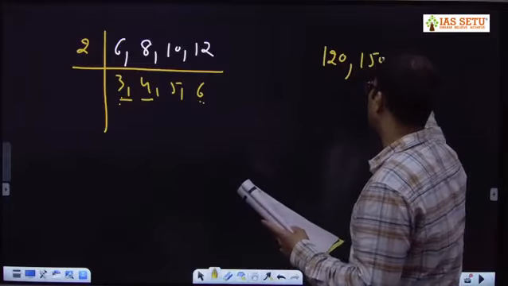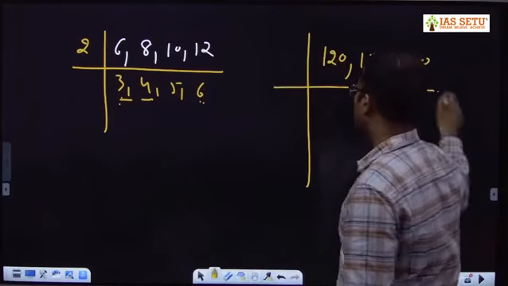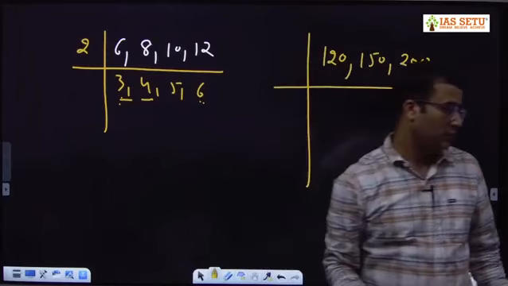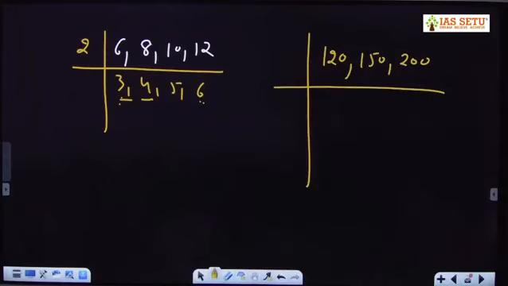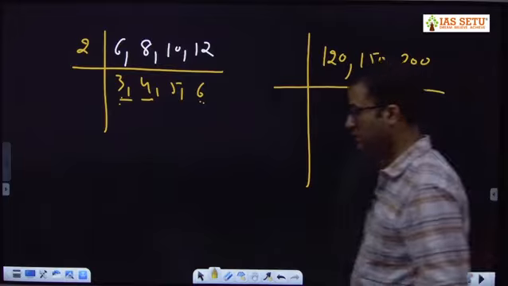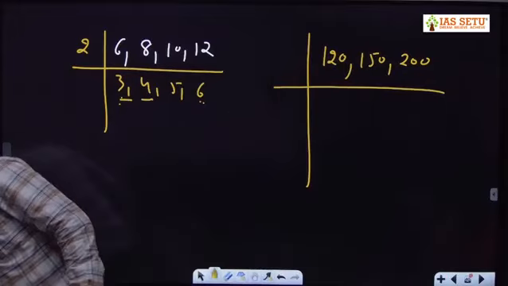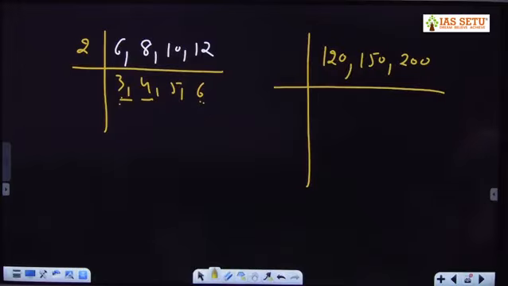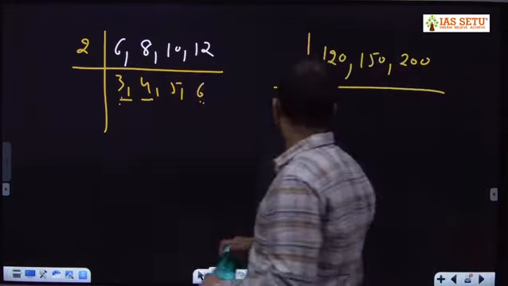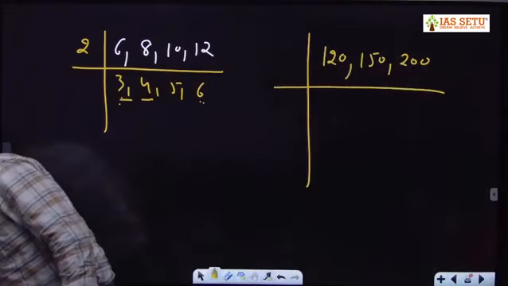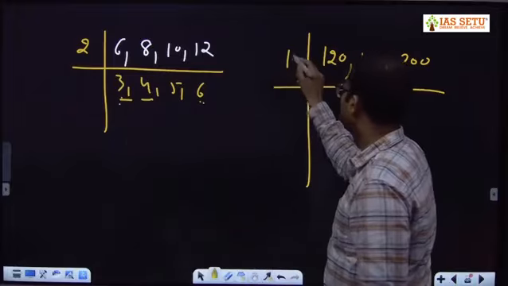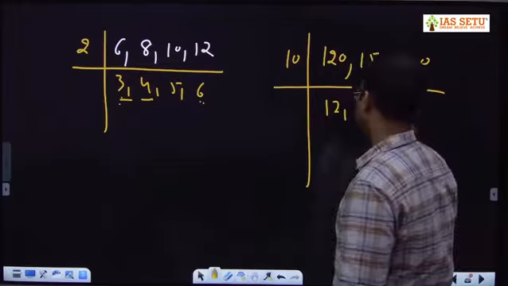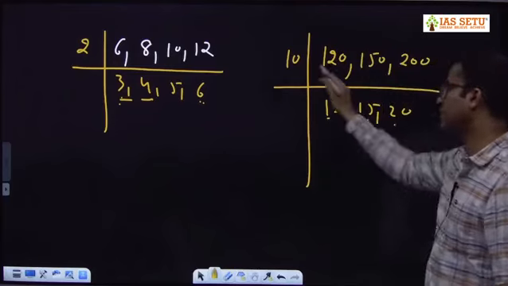120, 150, 200. Find HCF. So first you take 10 common, then it is 12, 15, 20. Then the same problem will happen, 10, 12, 15 is giving, but 15, 20 is not in all, so the answer is 10.